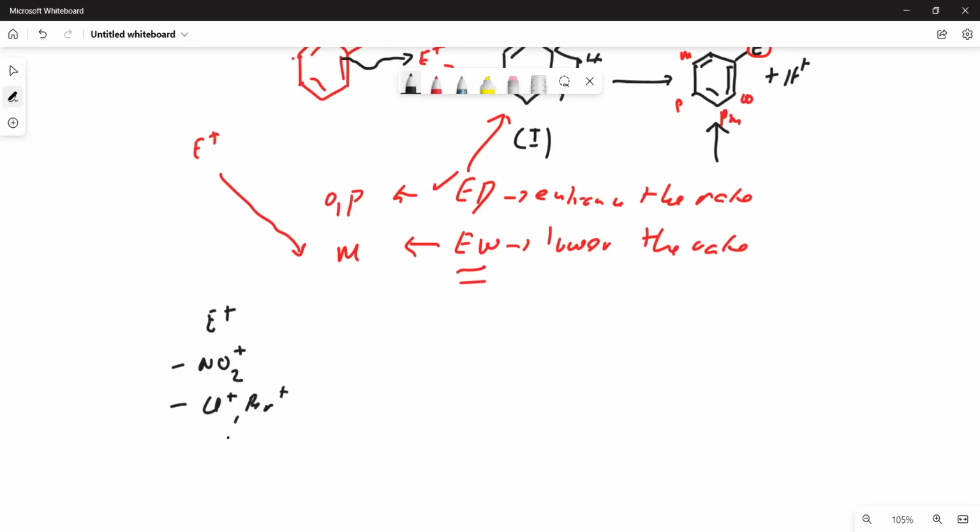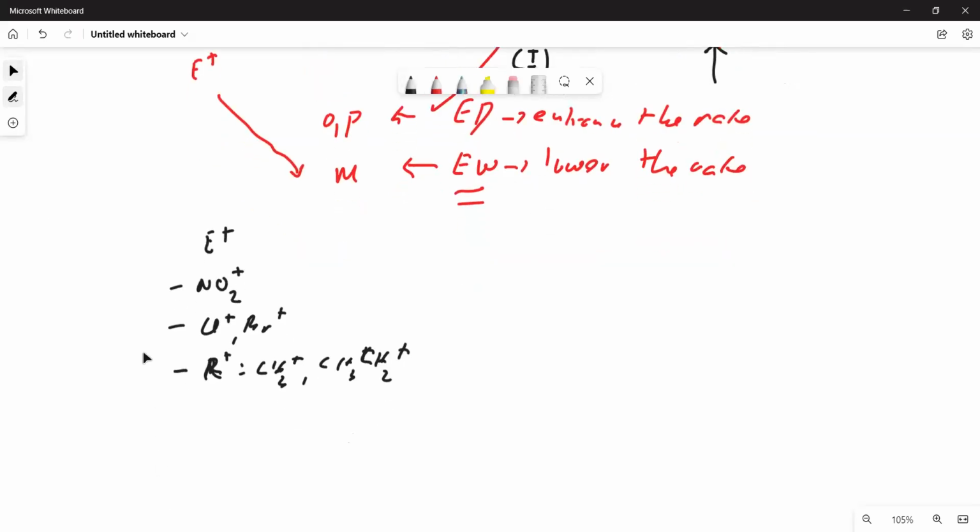You call that chloronium ion and bromonium ion. And then we also have alkyl carbonium ion, like for example, methyl carbonium ion. Ethyl carbonium ion is another electrophile. And other alkyl carbonium ions. And then we have sulfonium ion.